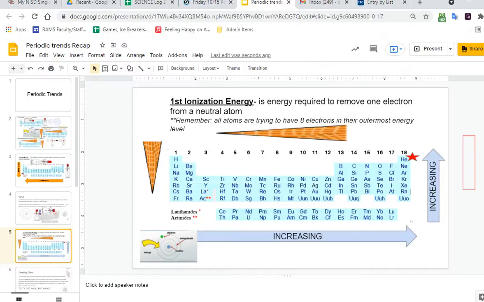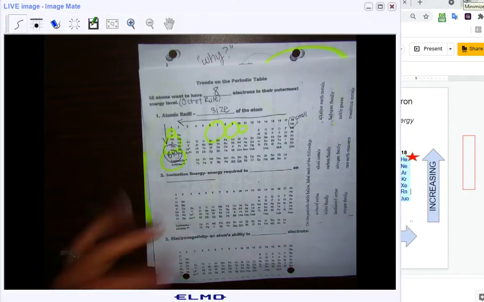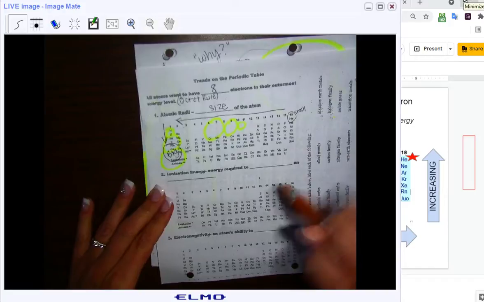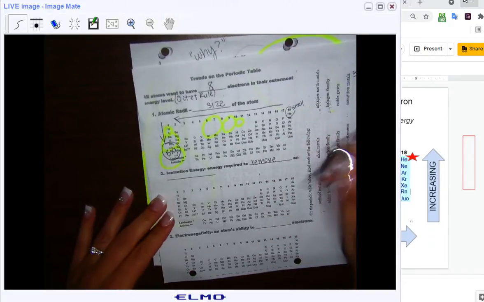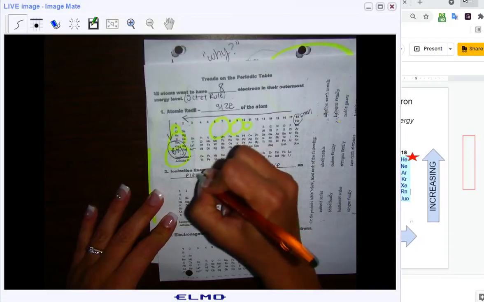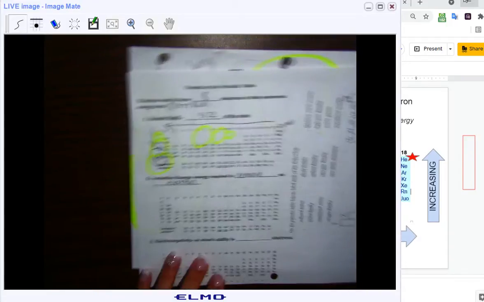Okay? So on your paper, what we're going to write. If you notice, by the way, what did our picture change to? An ice cream cone. Yeah, exactly. So we're going to add that in a second, but let's write the words first. Ionization energy is the energy required to remove, so to take one away, remove an electron. Sorry, I keep forgetting to zoom in.